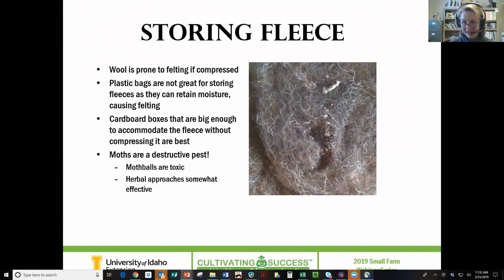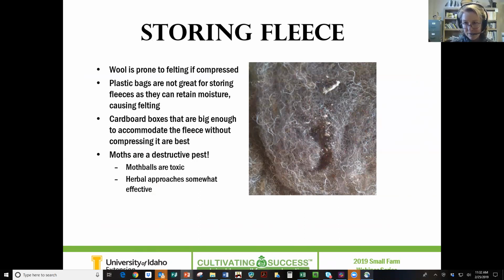Here's on to a not so happy topic, and sorry for the gross photo, but this is what moth damage looks like. And you really want to avoid that. One of the first problems to worry about is you don't want to have your wool felt. So if you've got a whole bunch of plastic bags and you stack them on top of each other, you're going to have the bottom ones especially be felted.